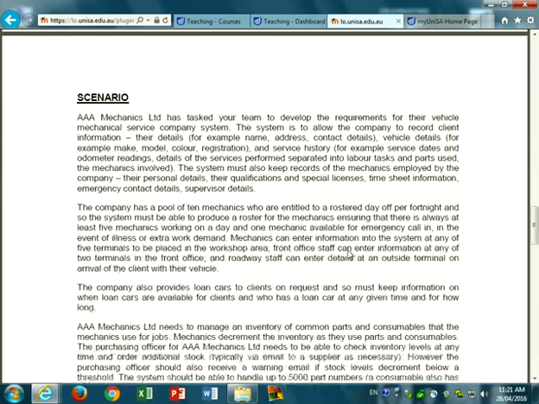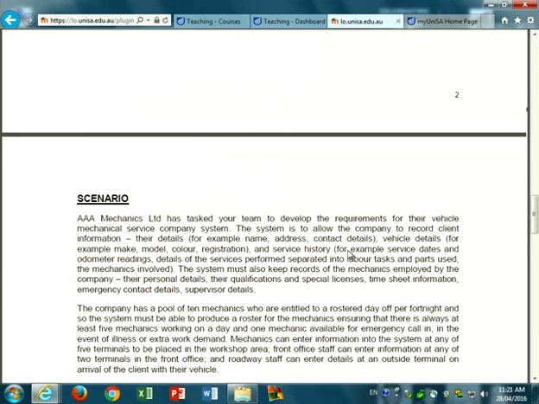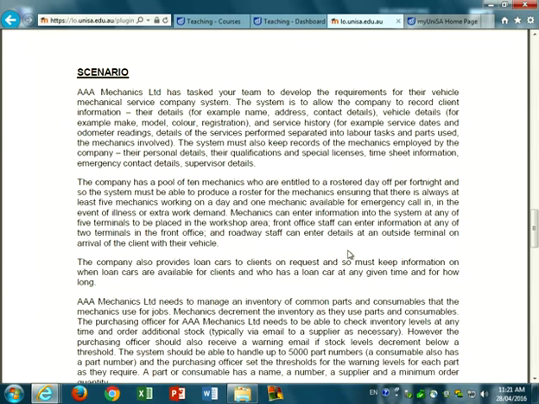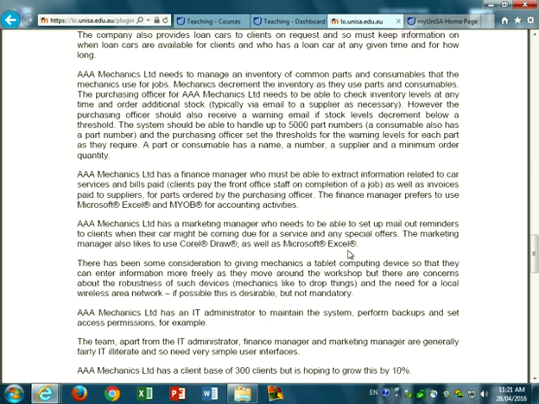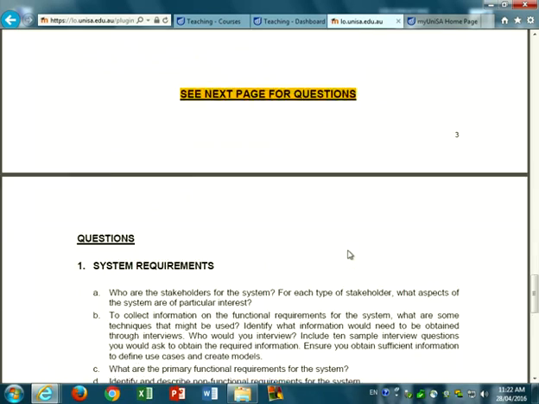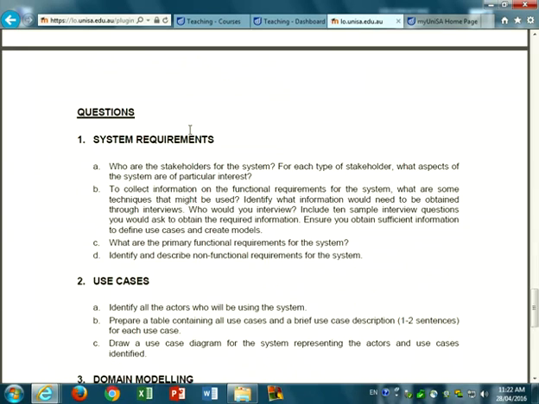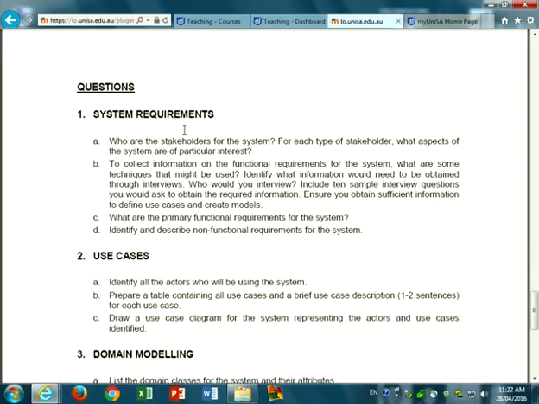So I've given you a scenario here, which I'm not going to read. But this is what you have to consider in terms of responding to the questions which are on the following page. So next page for questions. Very similar questions to what we have been doing throughout the tutorials this study period.